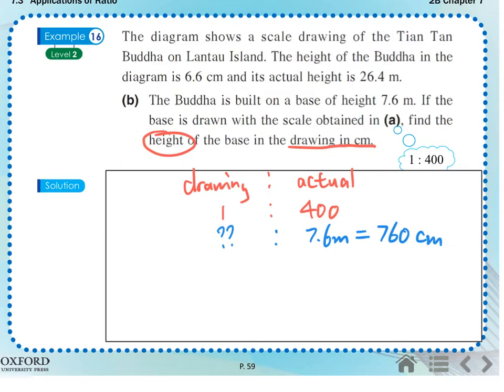So what will be the drawing height in this one? So 400 cm equals 1 cm. And now we have 760 cm. What's the height in the drawing? So basically just the division, because going from actual to the drawing means it becomes smaller. Example 15 is about enlarging, so we multiply, and when it becomes smaller, we use division. So the height of the base in the drawing.